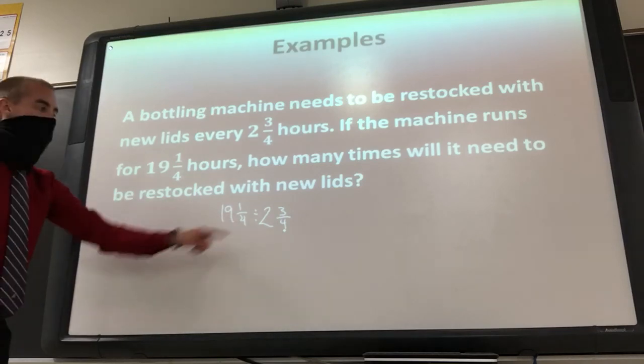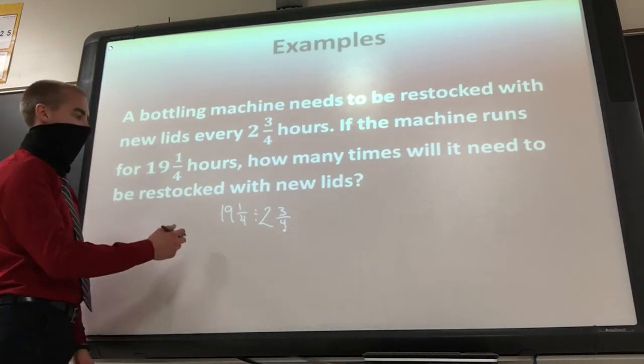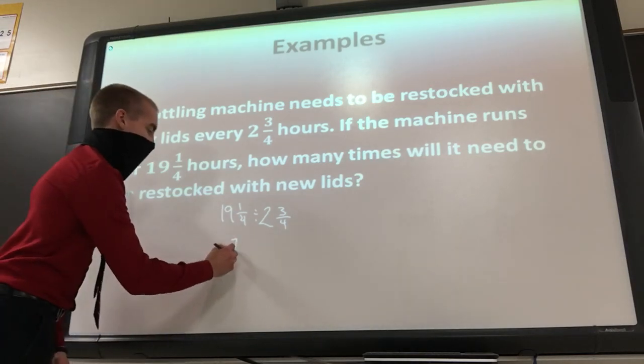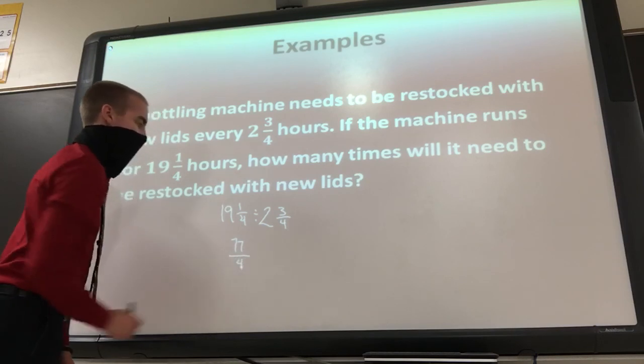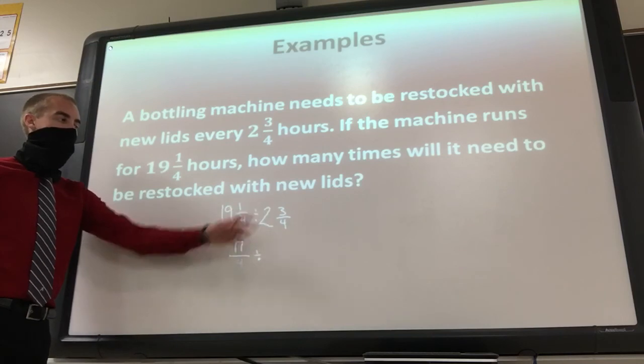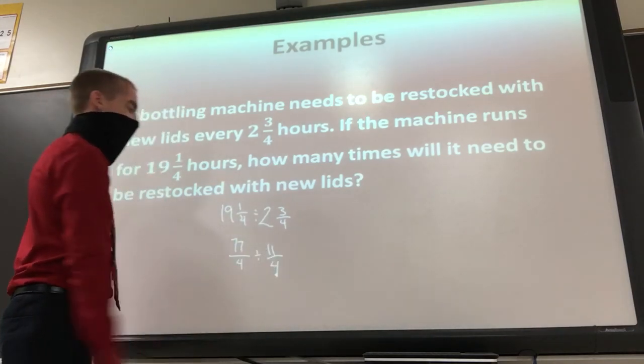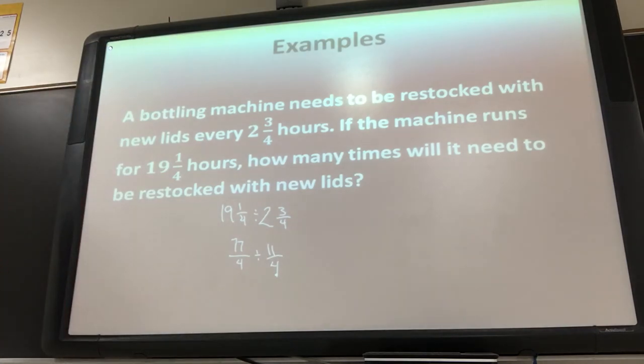So 19 1/4, we need to make that into an improper fraction. 19 times 4 is 76. And 76 plus 1 is 77 over 4. Divided by 2 3/4. 2 times 4 is 8. Plus 3 is 11 over 4. And then do keep, change, flip.